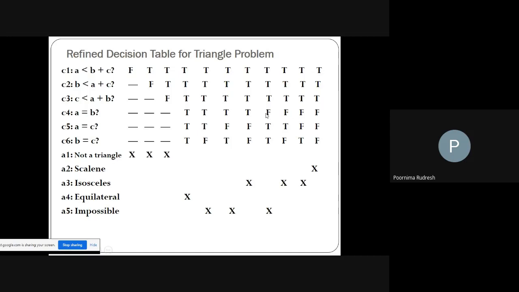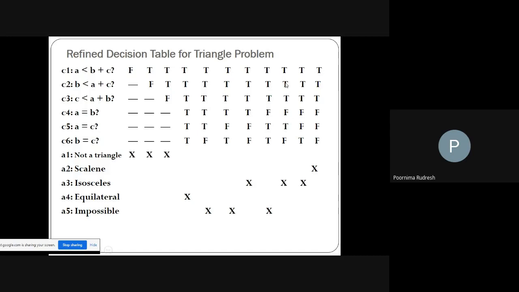If A is not equal to B, then these two conditions, A is equal to C or B is equal to C, will never occur. Why? Because for the first condition itself we are representing it as false, meaning A is not equal to B. If A is not equal to B, then the remaining two will not occur, and hence it is represented as impossible.